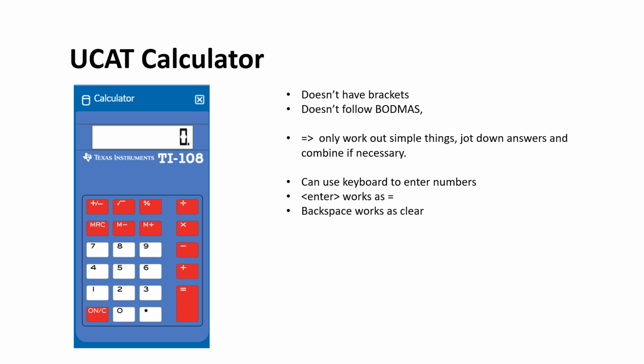But on that calculator, if you do 2 + 4 × 3, it will do 2 + 4 is 6 × 3 is 18, so it'll give you the wrong number. So you have to do each little step one at a time. And so long as you get used to that, it's okay. But otherwise, obviously, if you assume that your calculator doesn't lie to you, you're going to come unstuck.